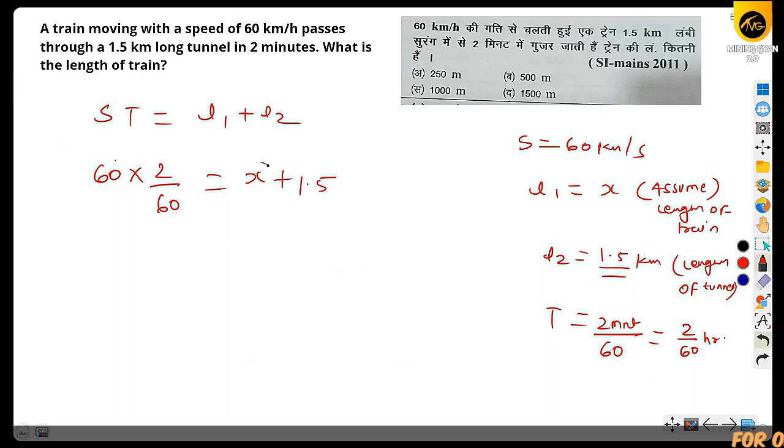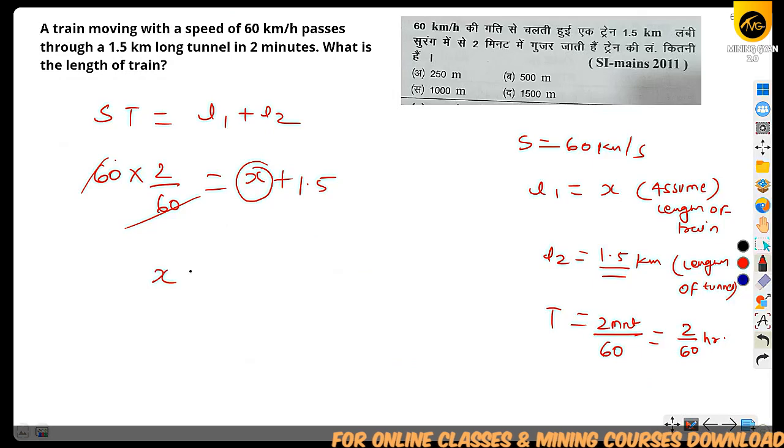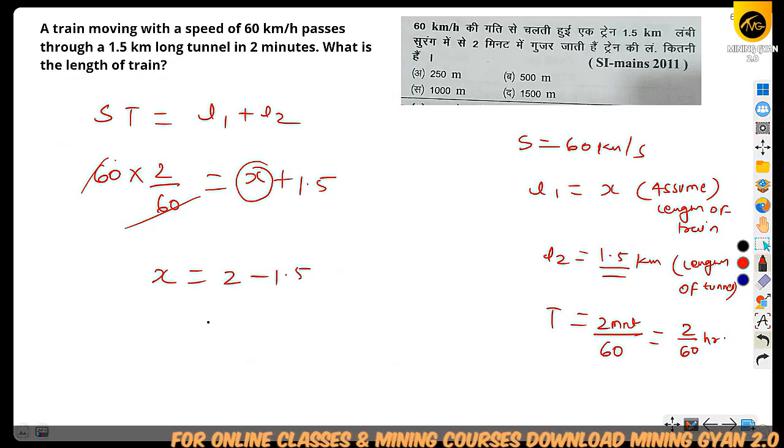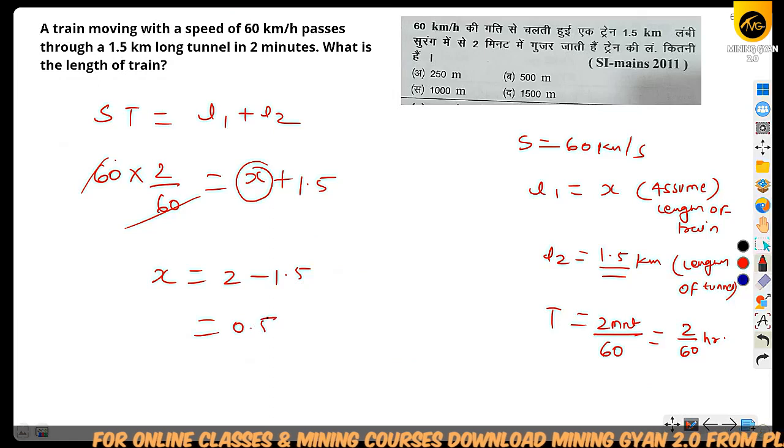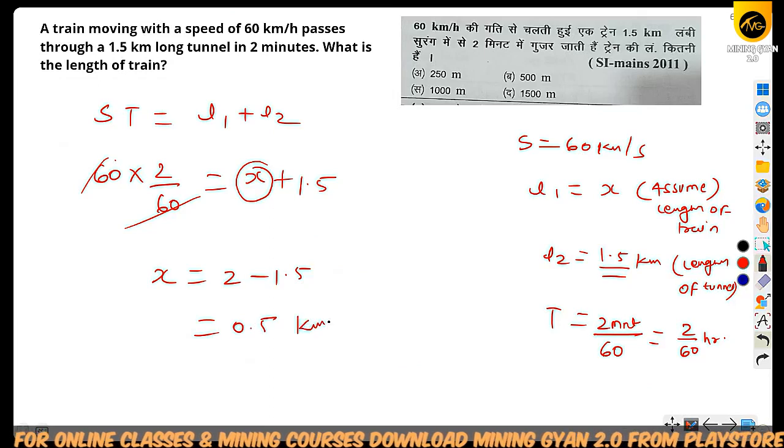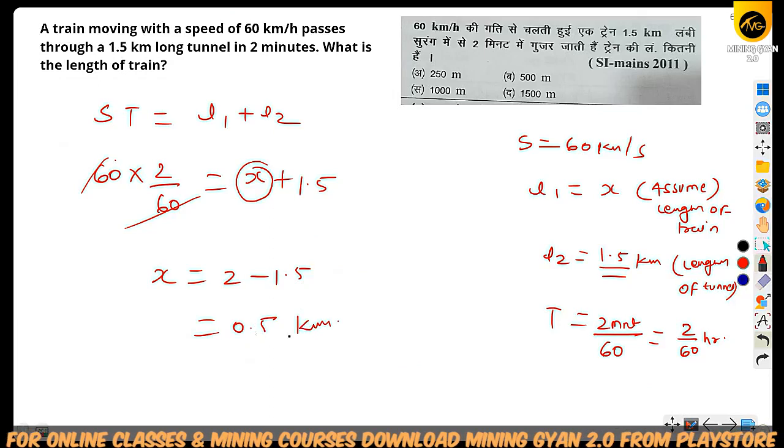Now we have to find out the value of X, which is the length of train, right? Now the 60 and 60 will be cancelled. It will be 2 is equal to X plus 1.5, so X is equal to 2 minus 1.5, it will be 0.5 kilometer. Okay, this is in the form of kilometer, but the options are available in meter.